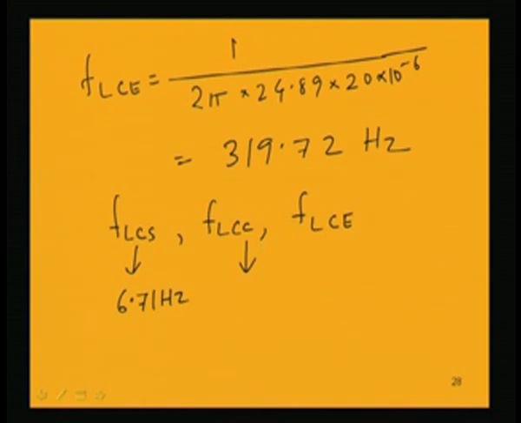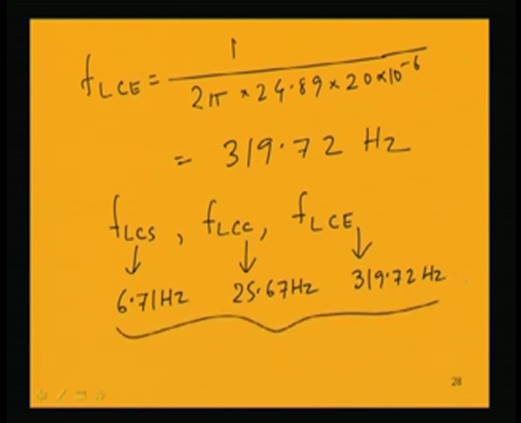The value due to CC is 25.67 hertz and the value due to CE is 319.72 hertz, and this is the highest value. That means, out of all the three, the value due to CE, which is 319.72 hertz, is the greatest value or largest value of the lower cutoff frequency.